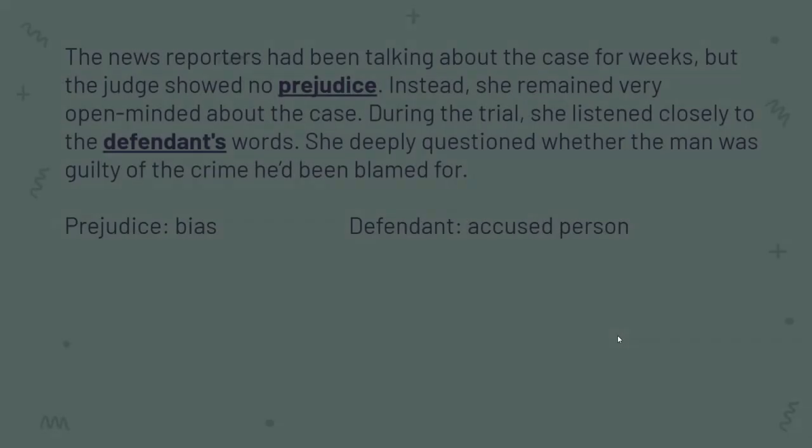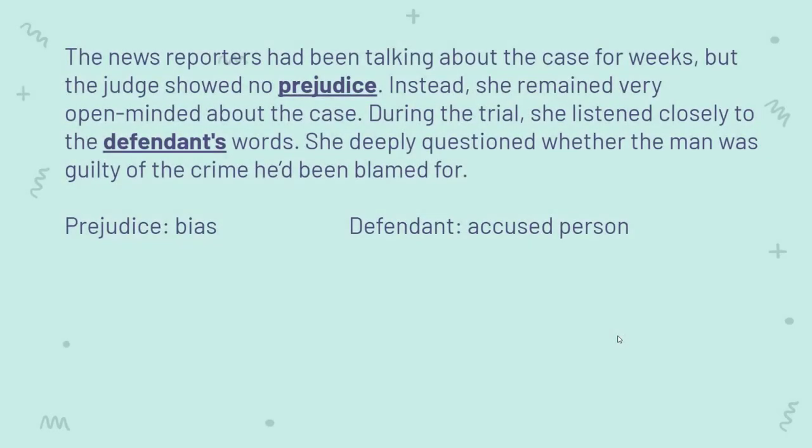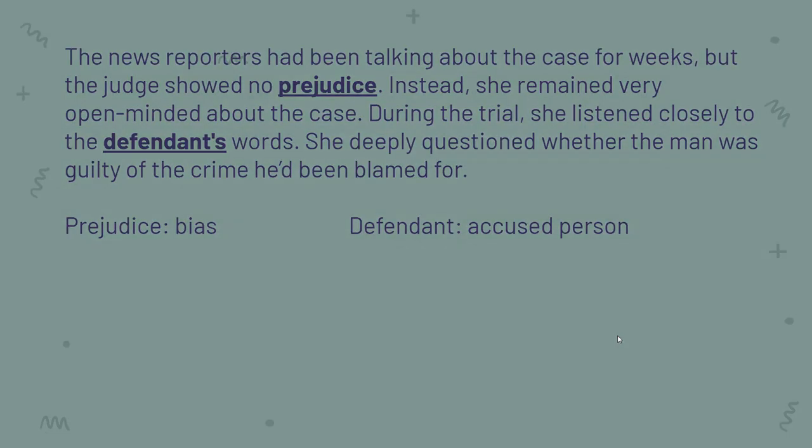Okay, so when we read our sentence and we put those clues together, we read that prejudice means bias, that they didn't show one way or the other. And then also defendant, an accused person. So we're talking about a trial, we're talking about a case, and we're talking about a judge. So when we put all those clues together, it will also help us figure out the meaning of those two words.